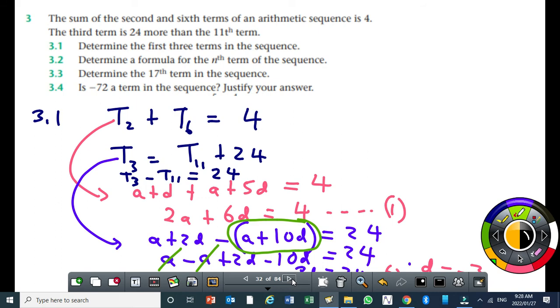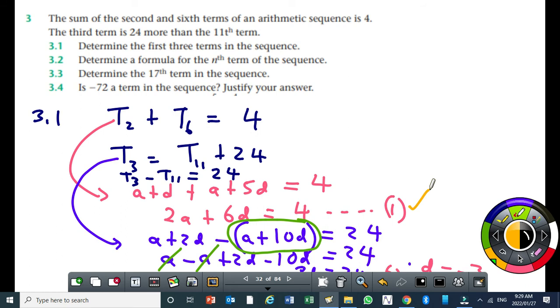Then you must know that T2 can be written in terms of A and D. T2 is equal to A plus D, and T6 is equal to A plus 5D. So A plus A gives you 2A, D plus 5D gives you 6D, and you get your 4. So this becomes equation 1.